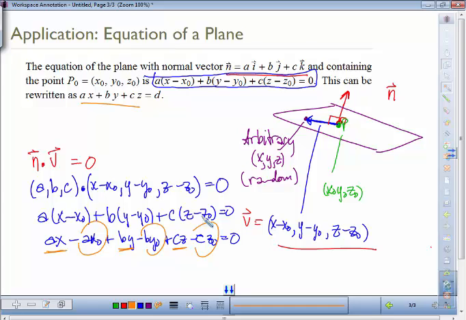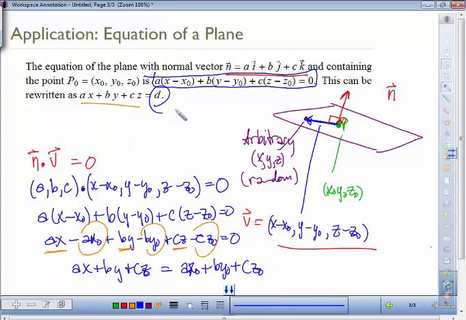Everything that I circled there that goes on the other side is negative, so when I bring it to the other side it becomes positive. So you get AX plus BY plus CZ is equal to AX naught plus BY naught plus CZ naught. That can simplify and it will serve as our D value. It's just a scalar.